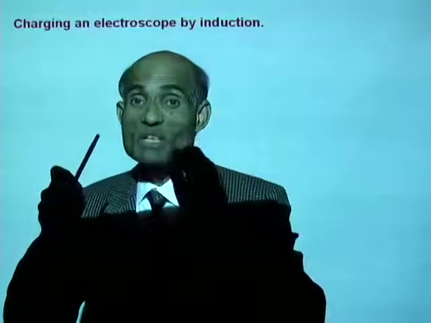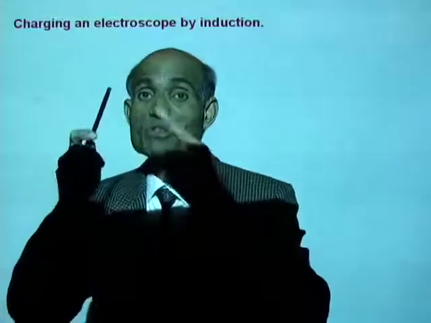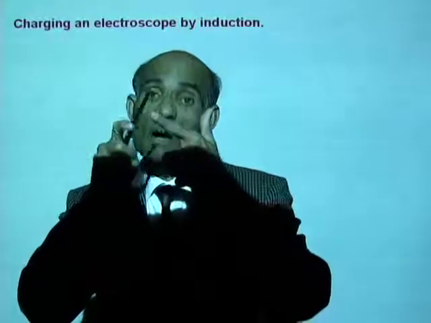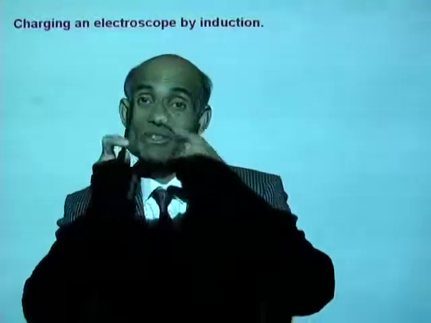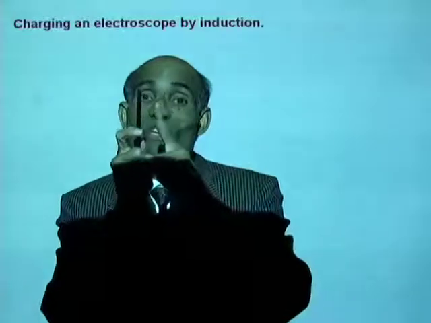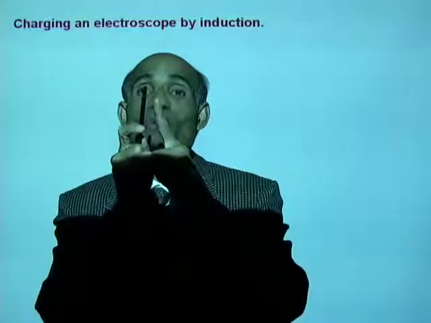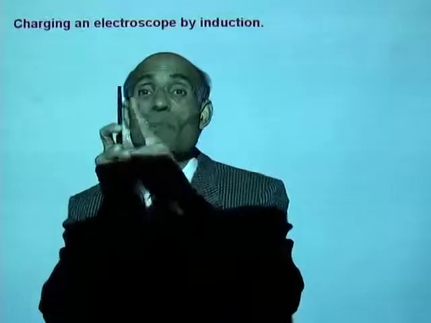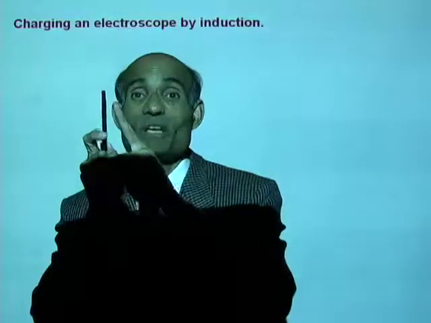Now, in charging an object by induction, you don't make the charged object in contact with the neutral conductor. You bring it near the neutral conductor. Do not make contact. You see, what happens?